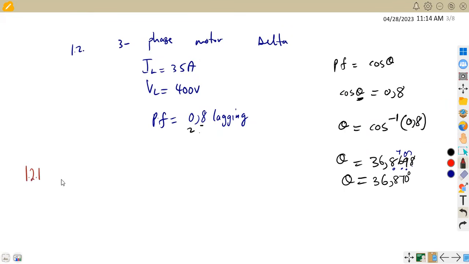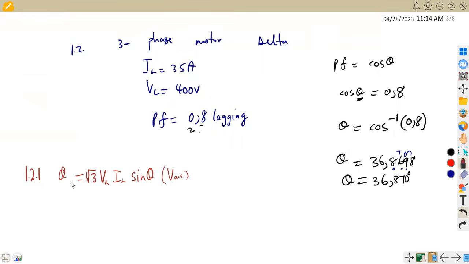So we have to calculate Q, which, in 3-phase, is equal to the square root of 3 times the line voltage times the line current times the sine of theta, which is measured in vars.